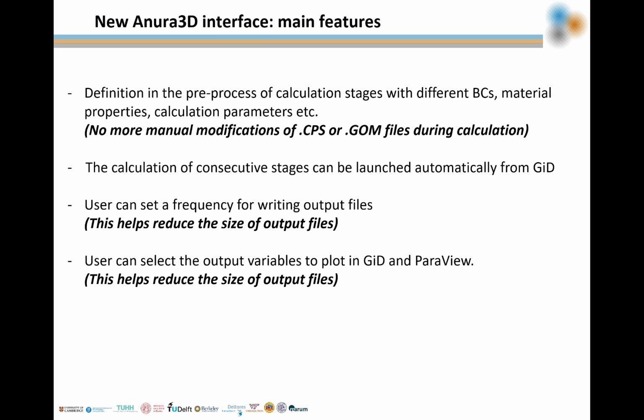Better output control, allowing users to adjust frequency and select specific variables for visualization in GID and ParaView. This also helps us reduce the file size. These improvements eliminate repetitive manual tasks, streamline workflow, and enhance efficiency in simulation setup and post-processing.